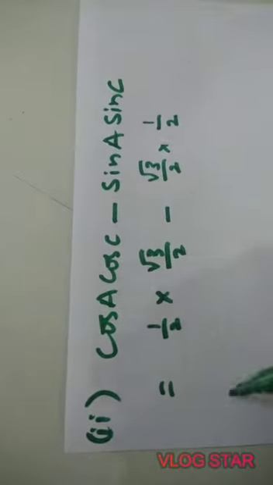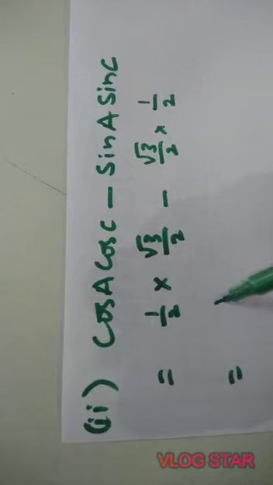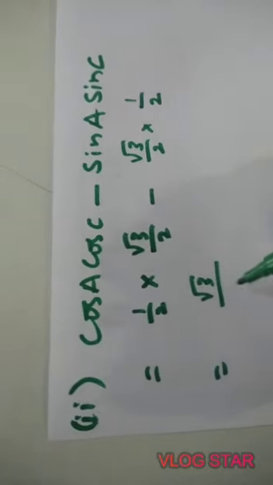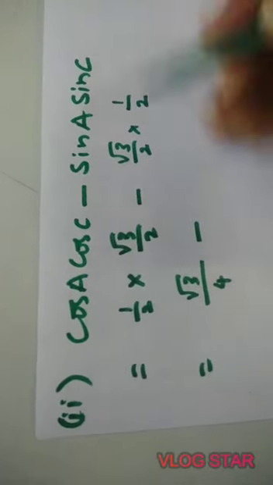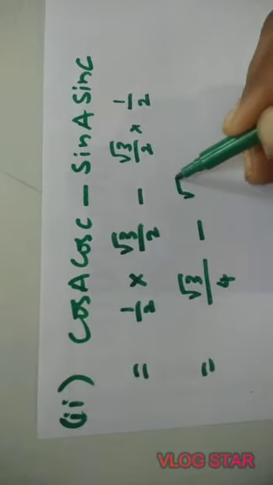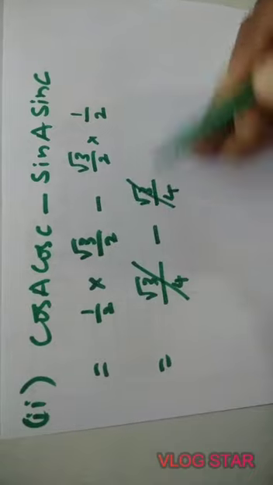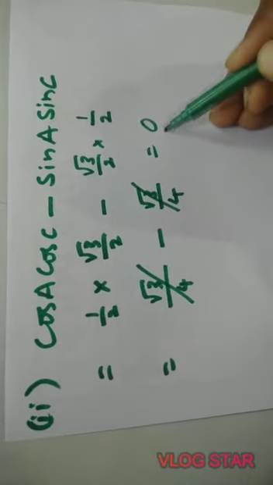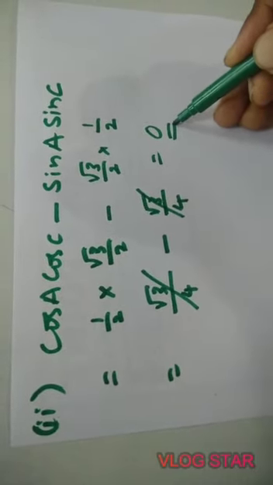So 1 into root 3 is root 3, 2 into 2 is 4, minus root 3 into 1 is root 3, 2 into 2 is 4. So plus root 3 by 4 and minus root 3 by 4 can cancel. So the answer is 0. So this is the eighth problem.